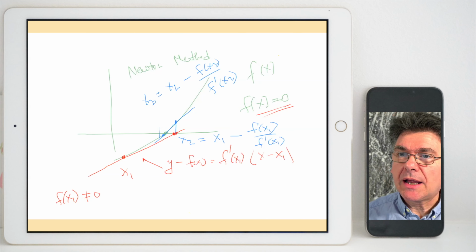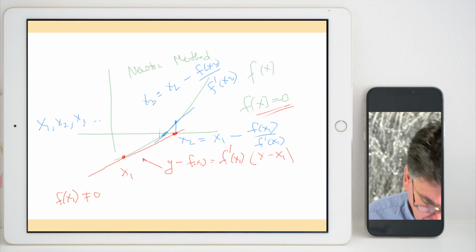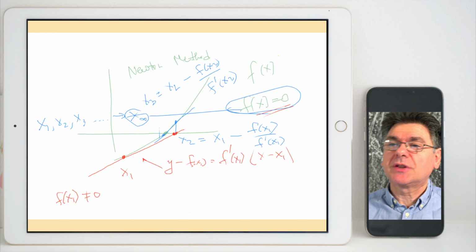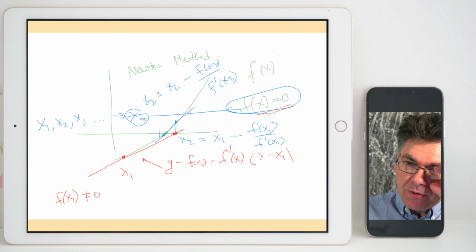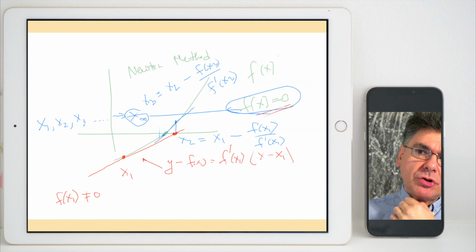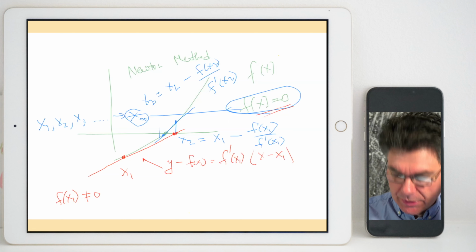And so on and so forth. And what this does is this gives us a sequence x1, x2, x3 that converges to one point x infinity, and that's the solution that we're looking for. That will solve the equation. Okay? So you are finding a solution to an equation through an iteration process by constructing a sequence.